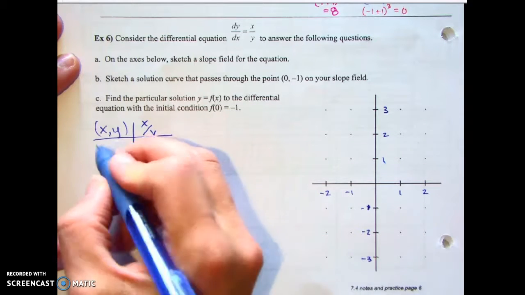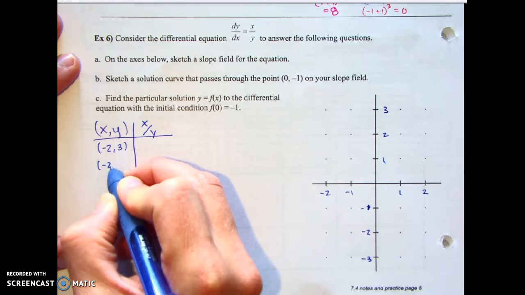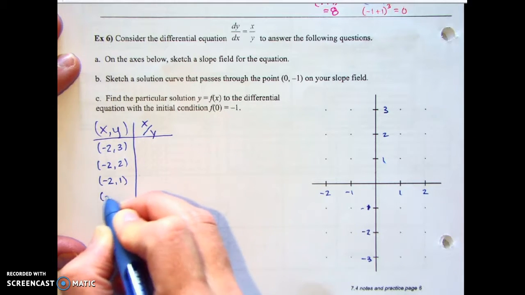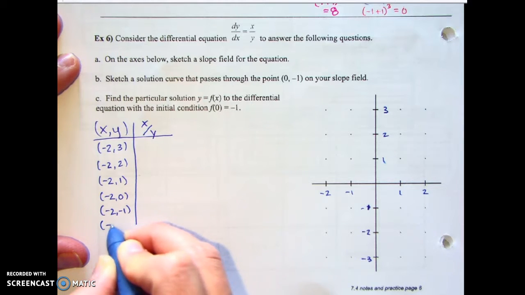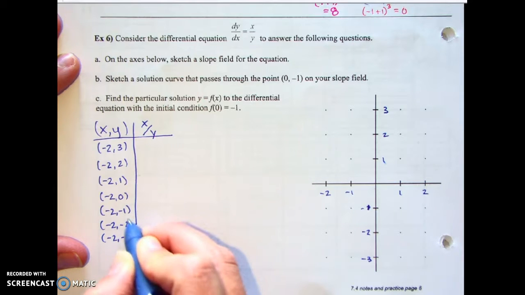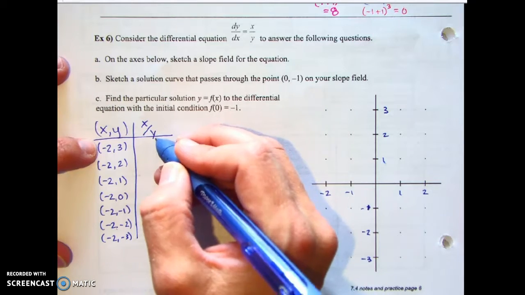So, the coordinate points, we should be able to do this part very quickly. We don't want to waste time on setting up a little table like this. So just do it quickly. Okay, we're going to take the x value and divide by the y value.